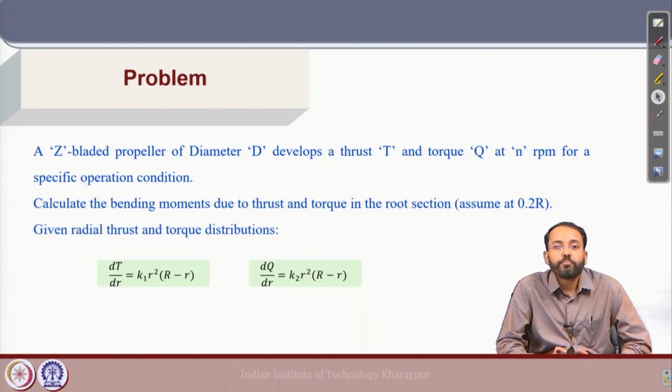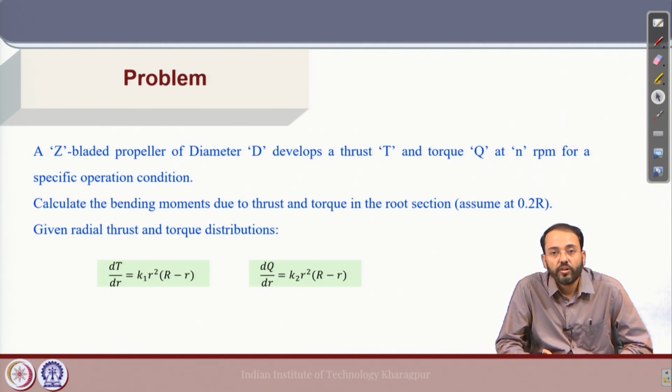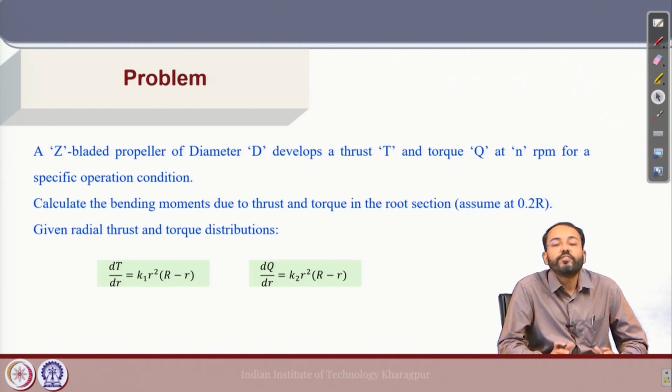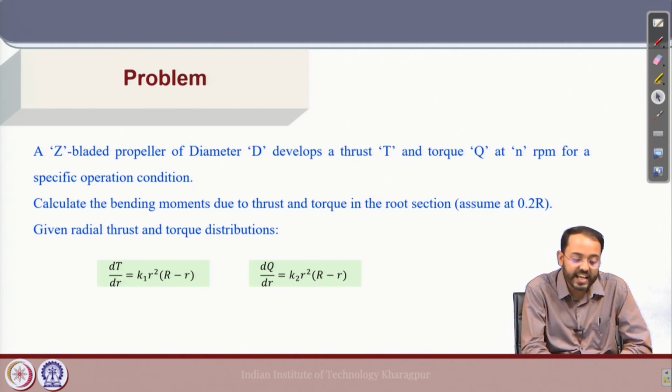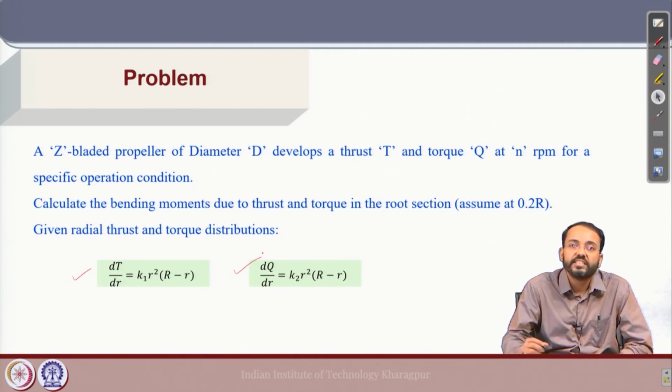For this particular problem we need to calculate the bending moments due to thrust and torque of the entire propeller blade about the root section, and the given radial thrust and torque distributions are as per these two equations.